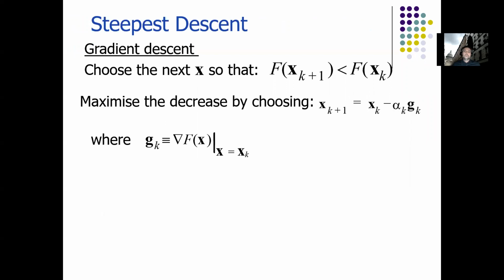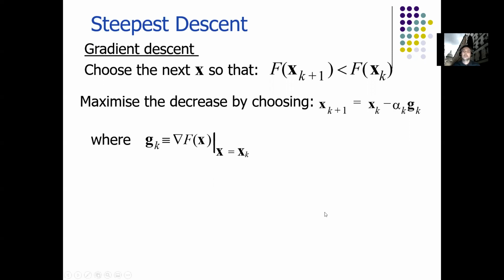Backpropagation calculates the derivatives and uses the method of steepest descent. Steepest descent is a type of gradient descent algorithm where the next value of the parameter x is selected if it reduces the value of the function.